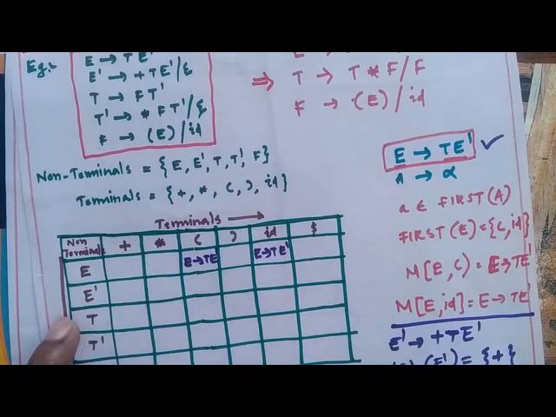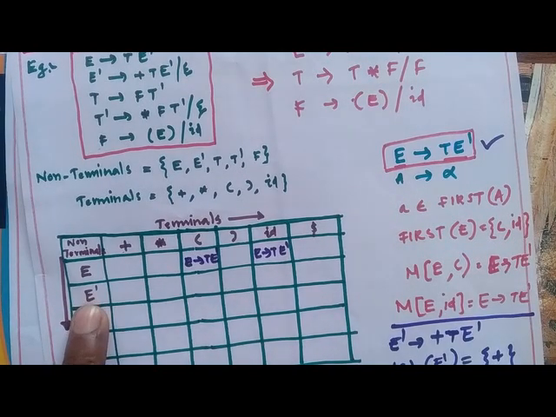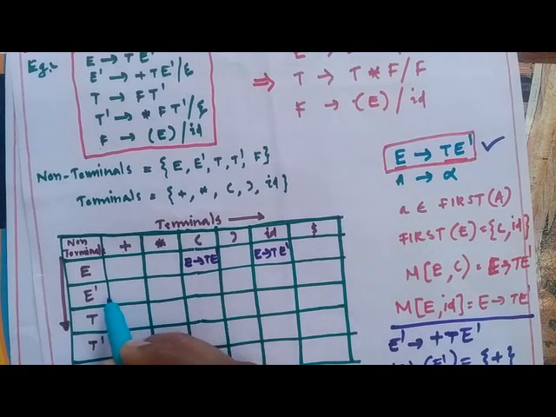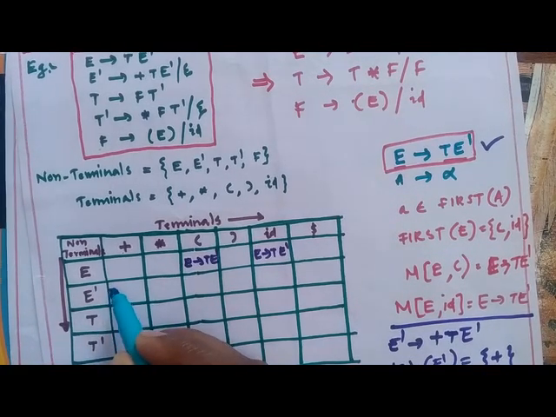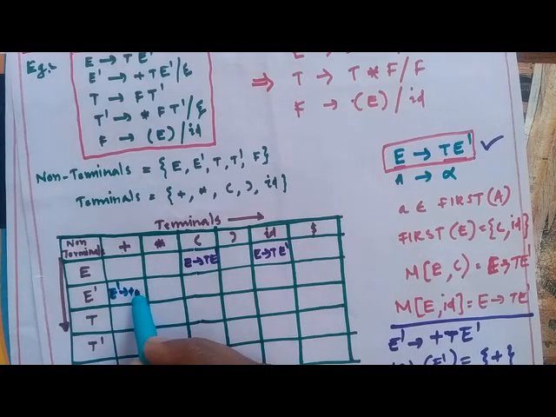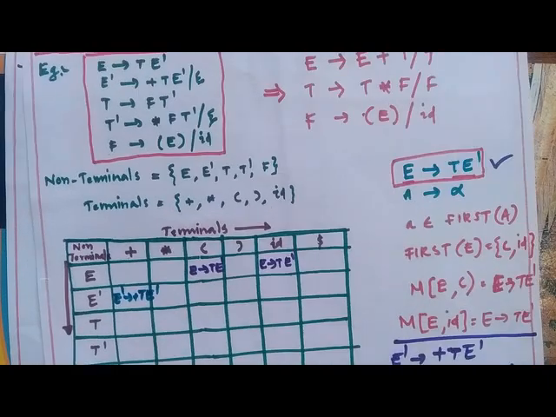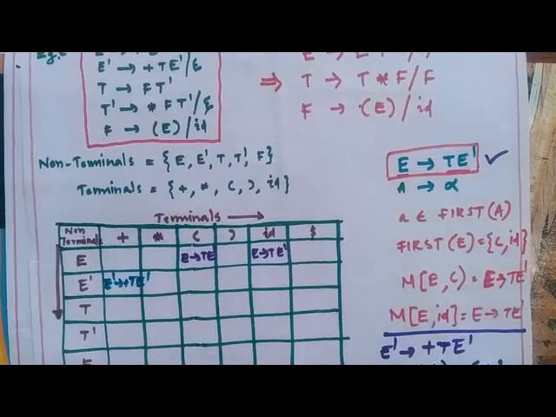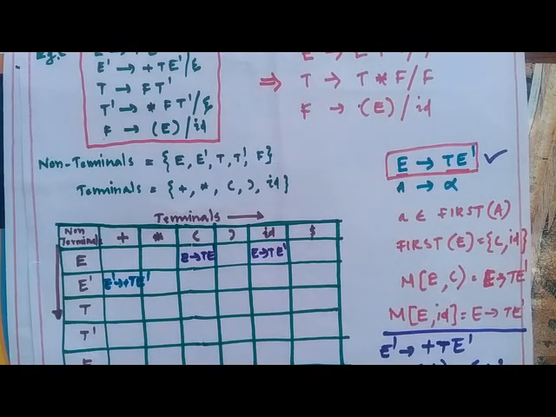M of E dash, plus, we will add here E dash gives plus T E dash. Then the next rule is E dash gives epsilon.